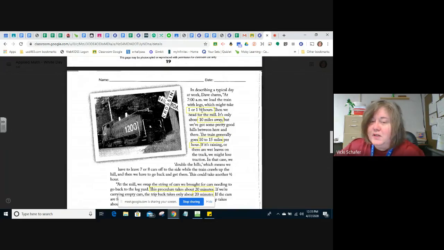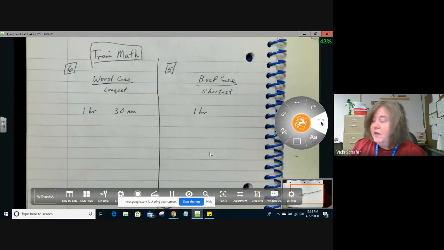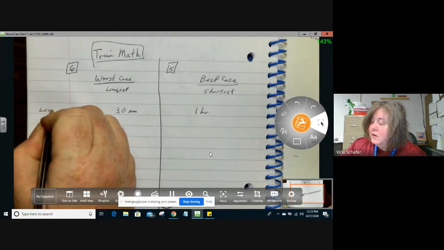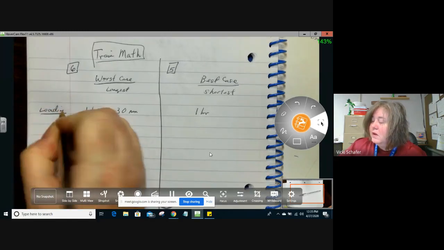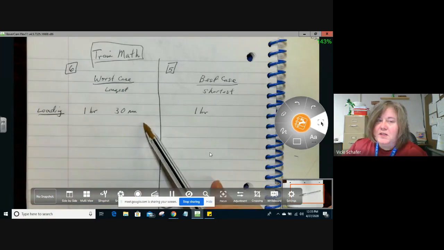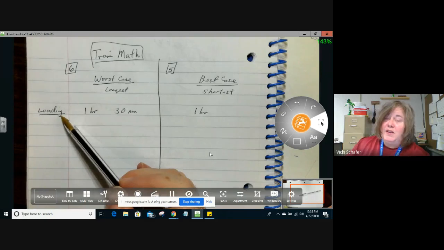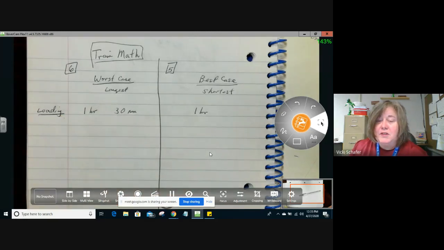If we break that down into hours and minutes, that's going to be 1 hour, 30 minutes. For the worst case scenario, the best case scenario is 1 hour. I'm just going to show you what my paper looks like. I've got, this is for loading. When you're doing a problem like this, it's a really good idea to label each thing. That way you know that you haven't left anything out as far as important details.